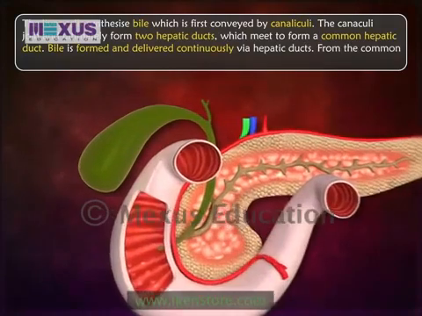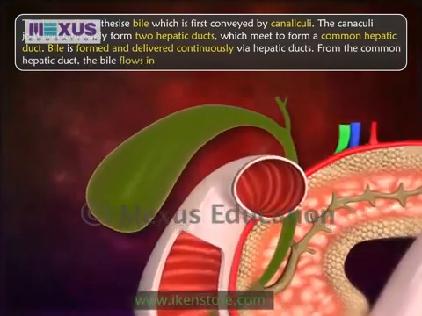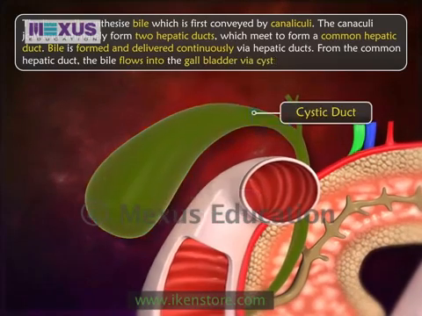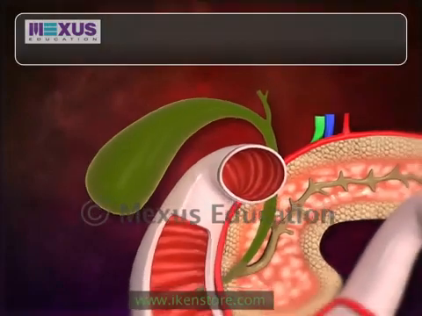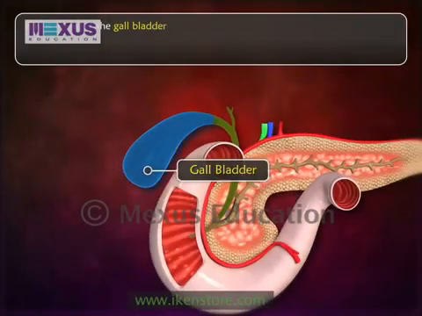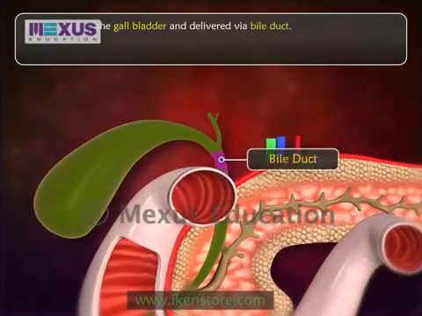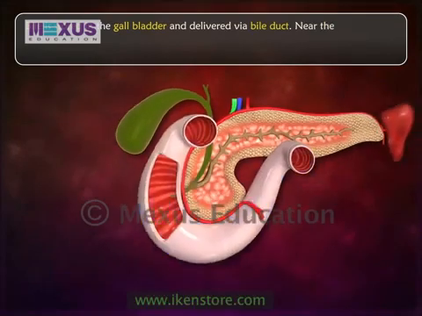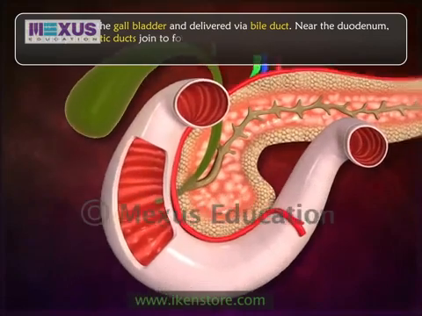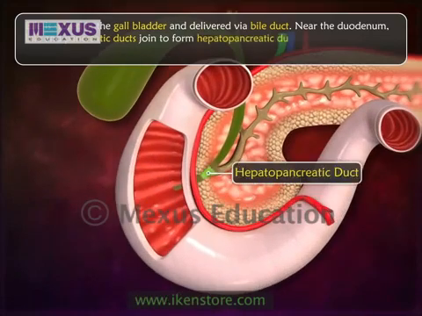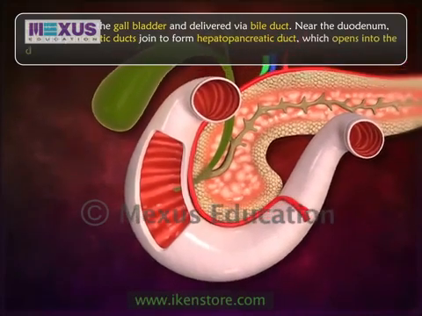From the common hepatic duct, the bile flows into the gallbladder via cystic duct. Bile is stored in the gallbladder and delivered via bile duct. Near the duodenum, bile and pancreatic ducts join to form hepatopancreatic duct, which opens into the duodenum.